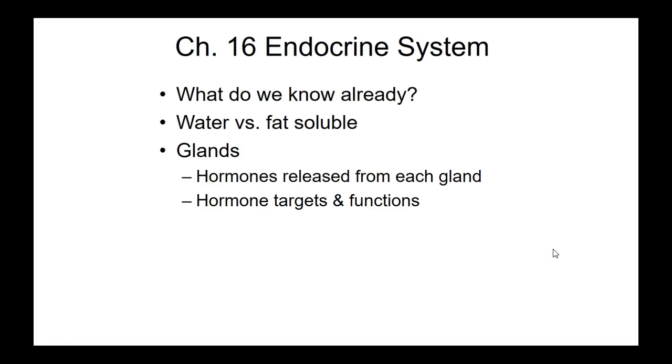The water-soluble ones, their receptor in their effector cell is going to be membrane-bound, which means that when one of these chemical messengers binds to the receptor, just like what you guys saw with G-protein coupled receptors, it causes a series of things to happen within the cell, such as genes being turned on and off, proteins being turned on and off, enzymes specifically, right? Okay. Does that make sense to folks? Hopefully this jogs your memory a little bit of what you saw with synaptic transmission.